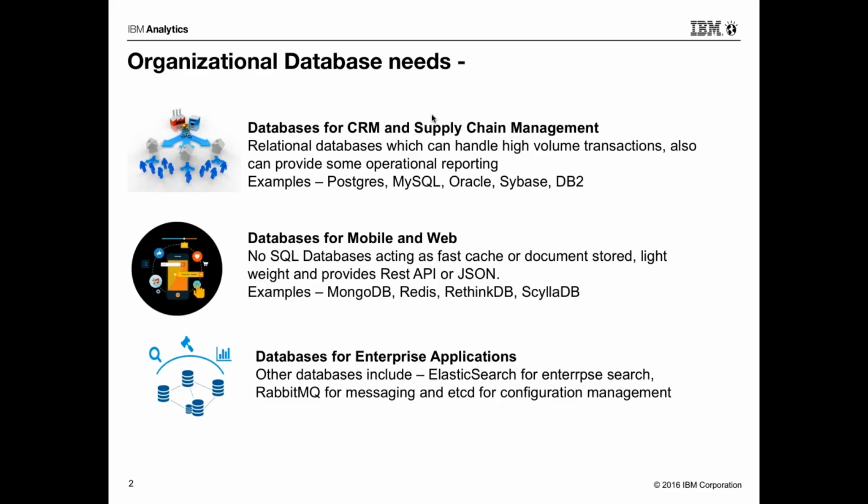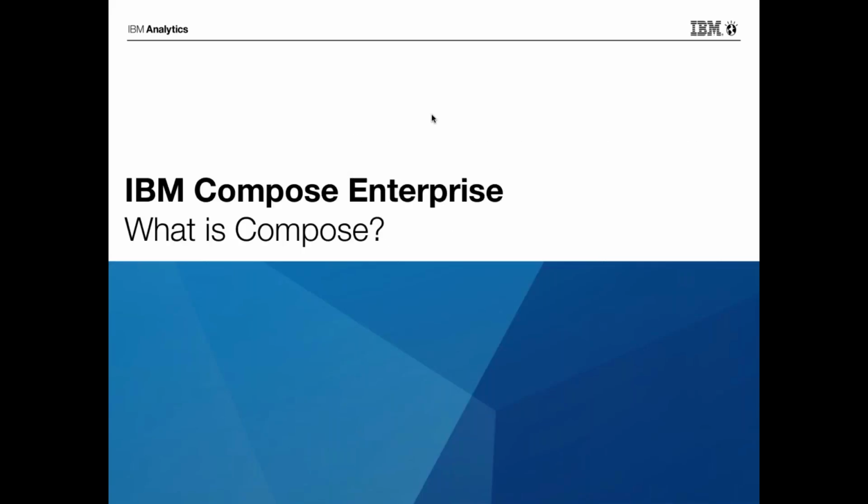Now, all of these databases would require a different database administrator who could look after the database, do the patching, monitoring, optimization, and so on and so forth. And it could become a big headache for an organization to have so many administrators monitoring the databases, infrastructure issues, and so on and so forth.